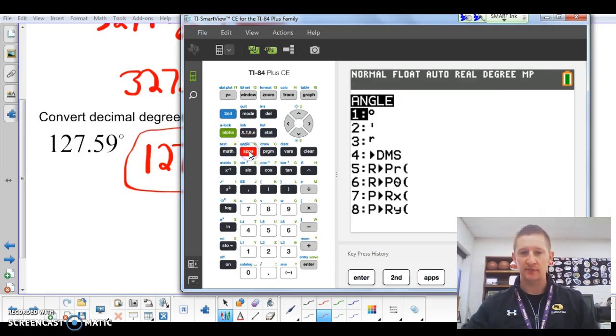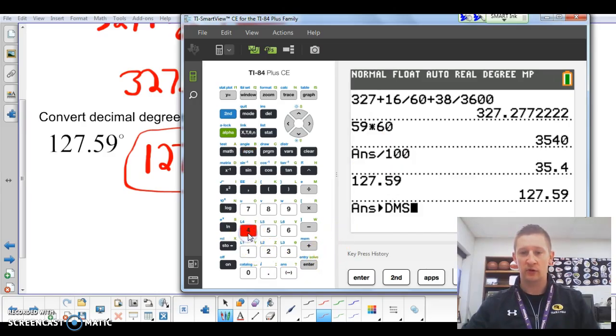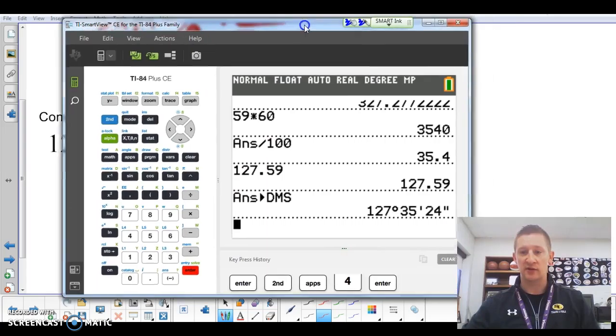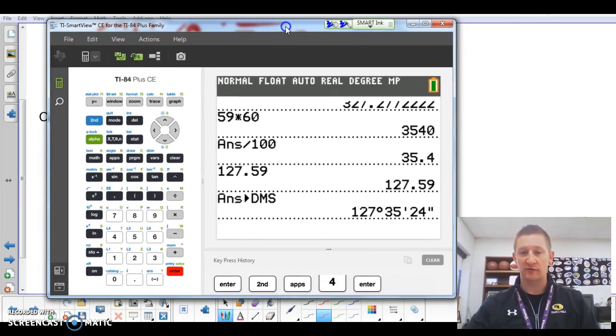Second, and then apps takes me to the angle menu. Ooh, degrees and minutes, that's cool. This fourth option, triangle DMS, that means change something into degrees, minutes, seconds. So if I choose that option, 4, takes my previous answer, it's going to change it into degrees, minutes, seconds. I hit enter, I get 127 degrees, 35 minutes, and 24 seconds.